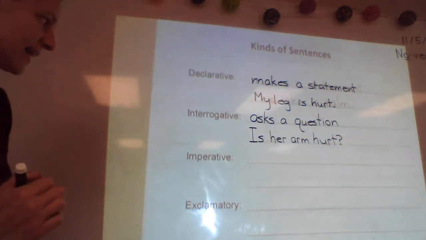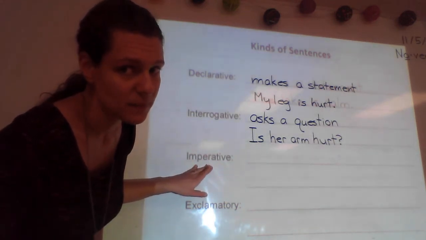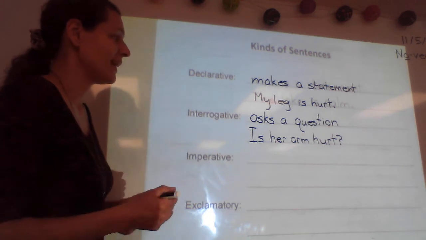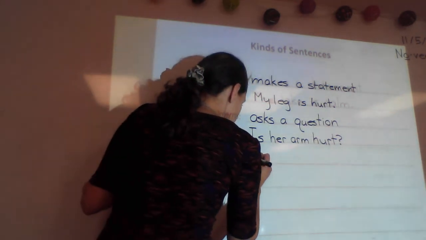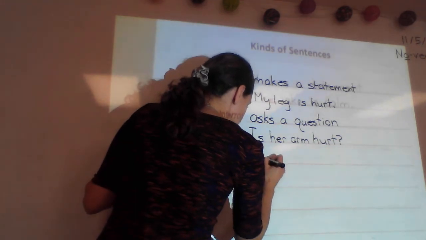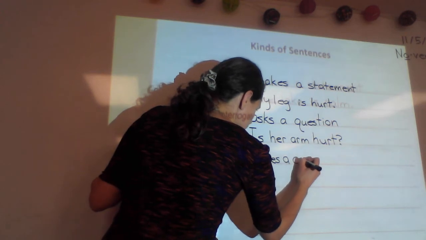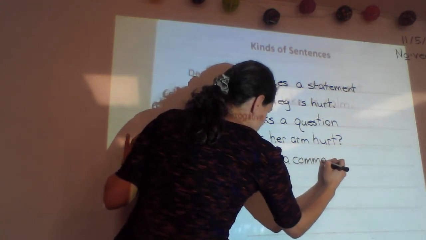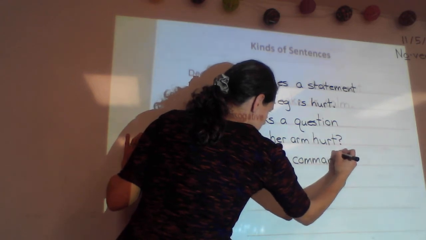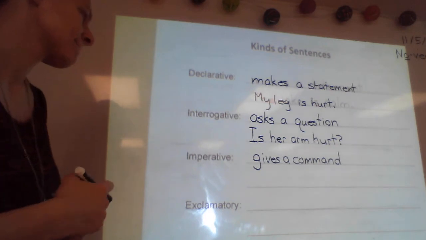All right, our next kind of sentence is imperative. What does an imperative sentence do? Good, it gives a command. Gives a command.